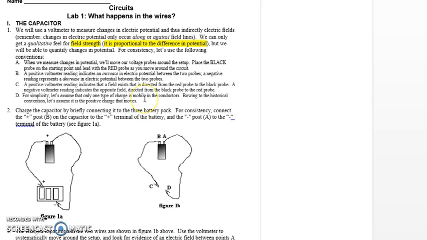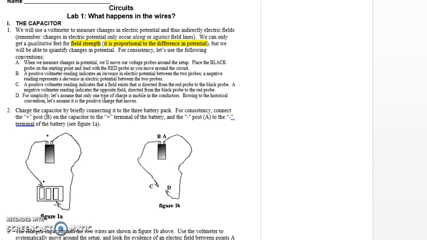If we look up the top here, it's stated that we are going to be measuring potential as an indication of field strength, and field strength is proportional to the difference in potential. Well, I know that's true for parallel plates, but my question is, is that really true for other complex arrangements of charges?